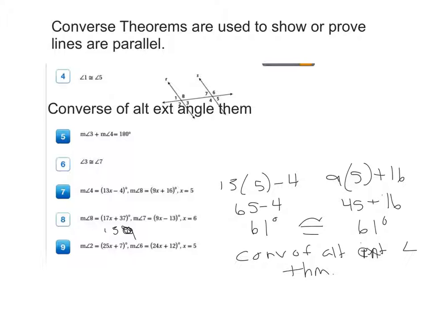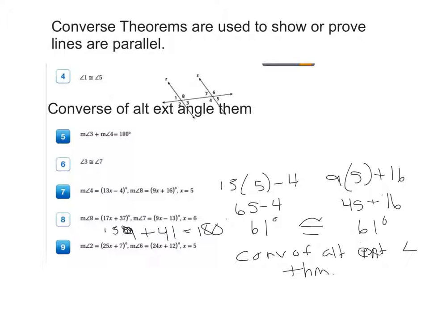And over here, 9 times 6 is 54, minus 13 is 41. And so these two things add to 180. So measure of 8 and measure of 7 are same side interior, so they should add to 180. So for 8, they are parallel by converse of same side interior angle theorem.